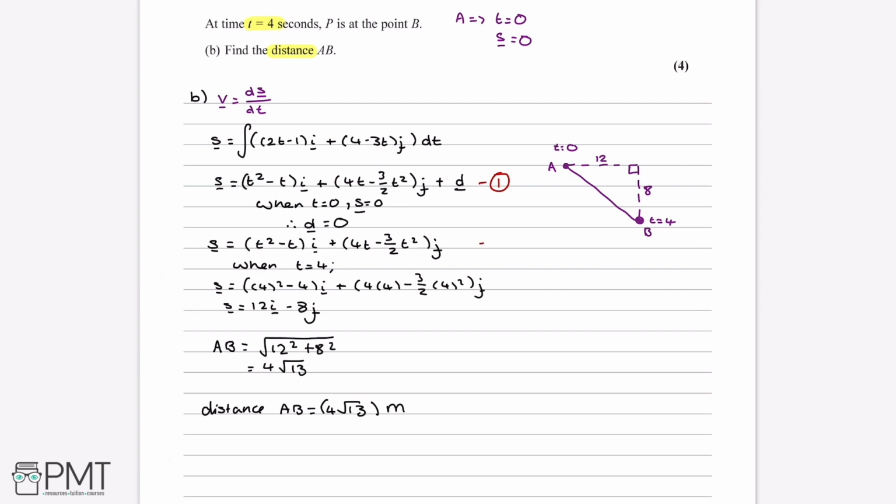So we actually get 2 marks for integrating s, so just doing it at all and then getting the correct numbers that they have in the mark scheme. Thirdly, we get a method mark for using Pythagoras' theorem to find the length AB, which is what we've done here, doing the root of 12 squared plus 8 squared. And finally, we have an answer mark for finding that this is the distance, 4 root 13 metres.